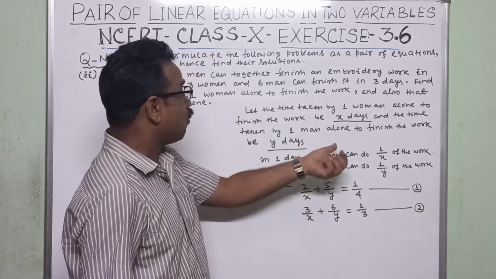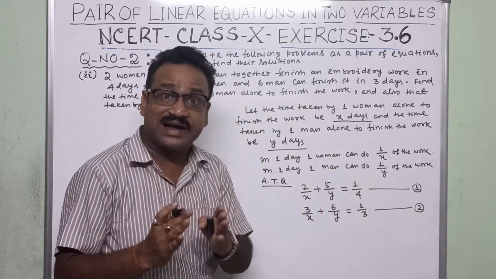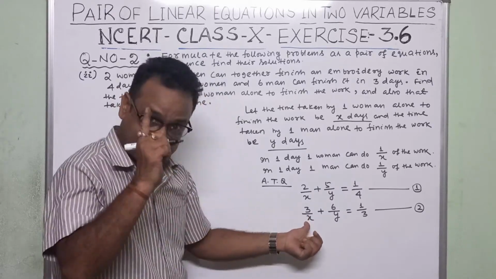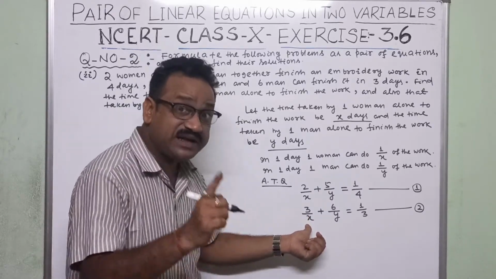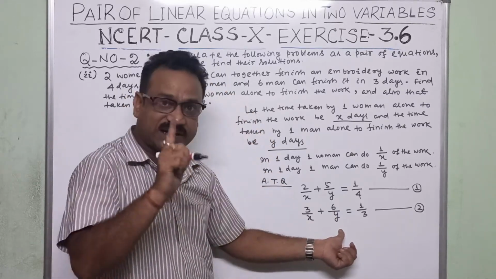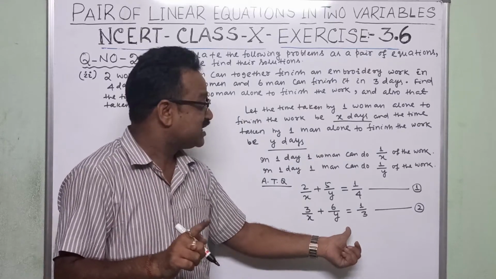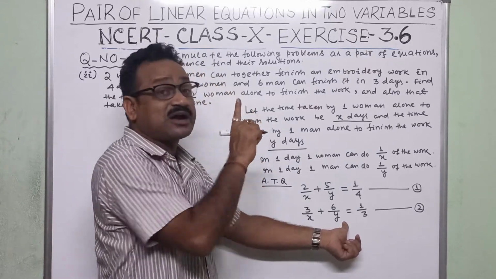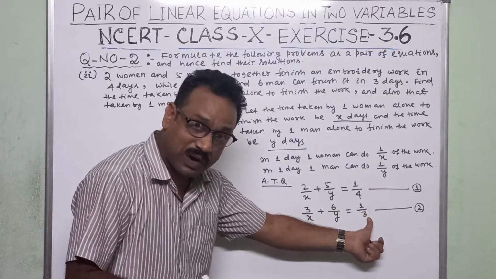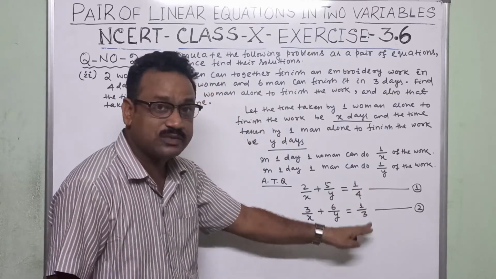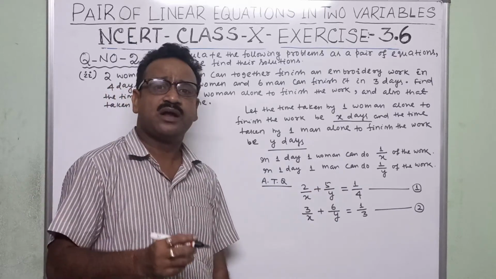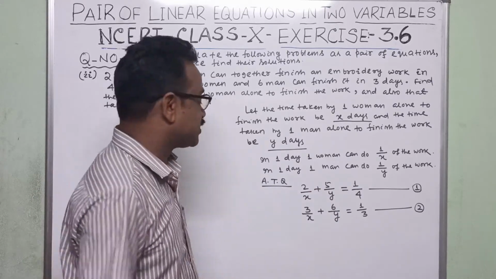So 1 woman in 1 day 1 by x, 3 women in 1 day 3 by x, 1 man in 1 day 1 by y, 6 men in 1 day 6 into 1 by y, 6 by y. Total work completed in 3 days, so in 1 day 1 by 3 of the work. So these are these two equations. Now we'll simplify these two equations and go for solving them.